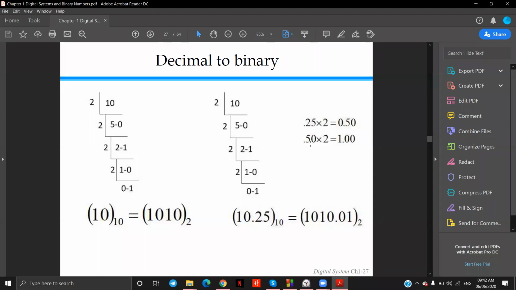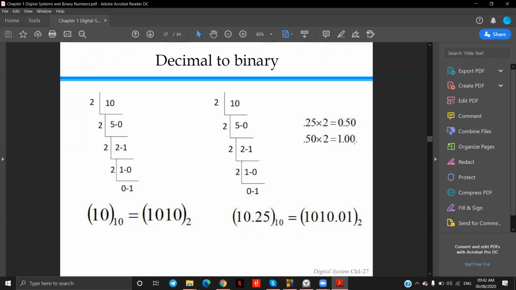Now, in the case of the fraction part of the number, you should always multiply only the fraction part. Remember it. So here 0.25 times 2 equals 0.50. Now you multiply 0.50 by 2, and you will get 1.00.